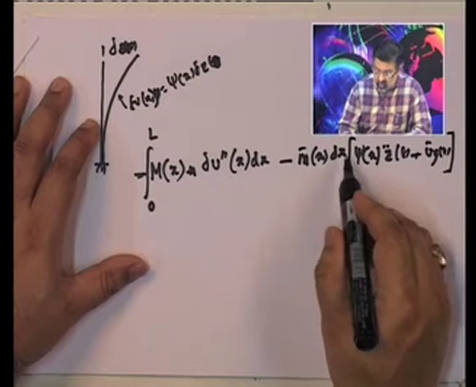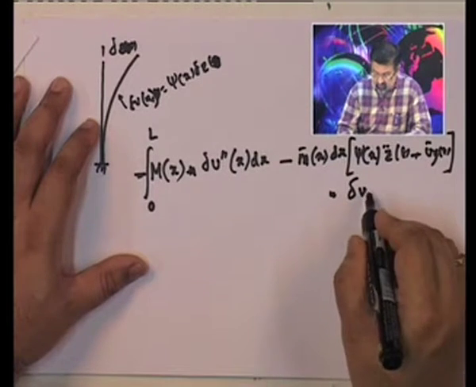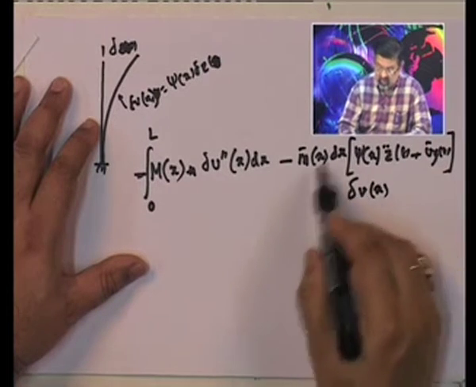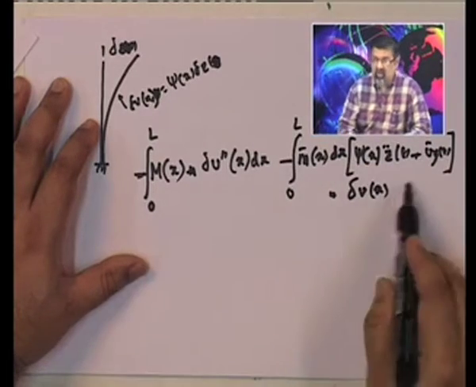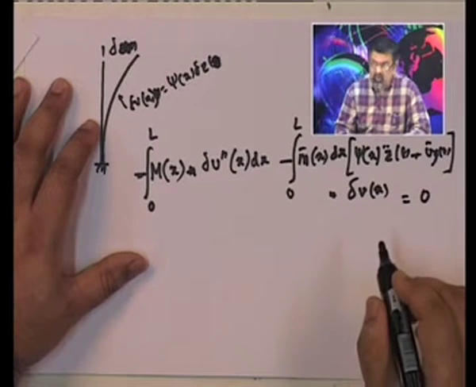This is the force, into del v x, integrated from 0 to L. So, this in a sense is the work done by the forces, and that is equal to 0.